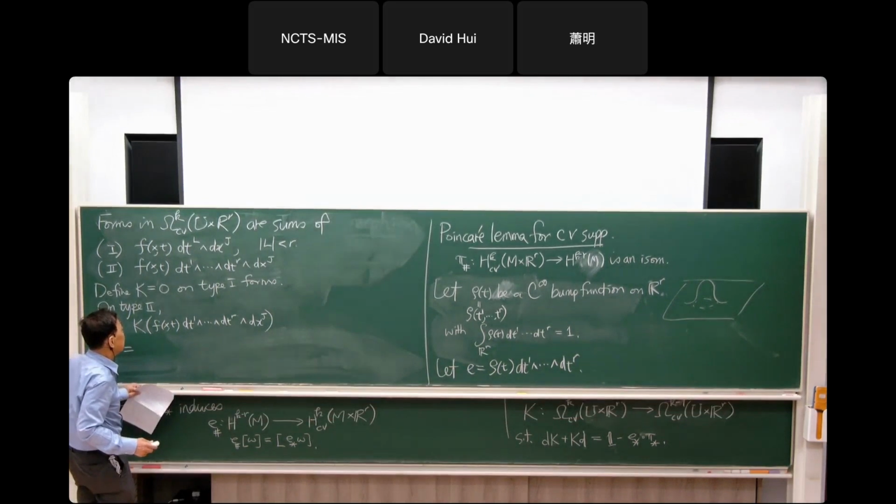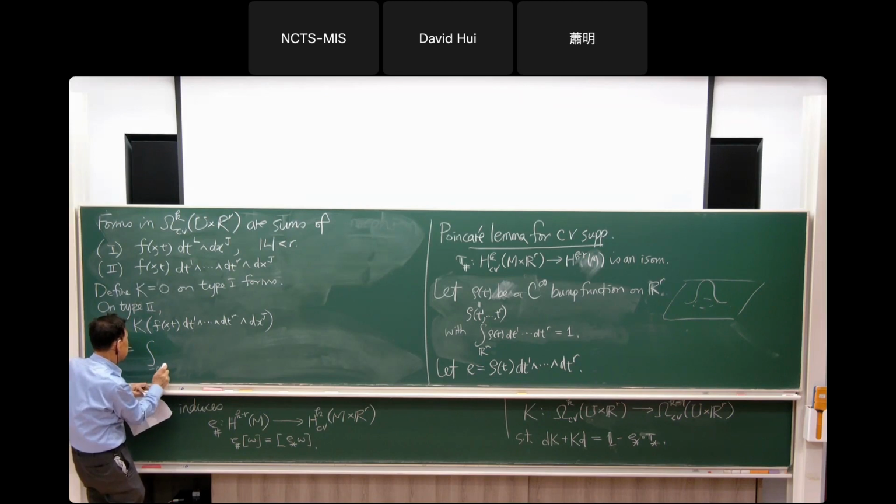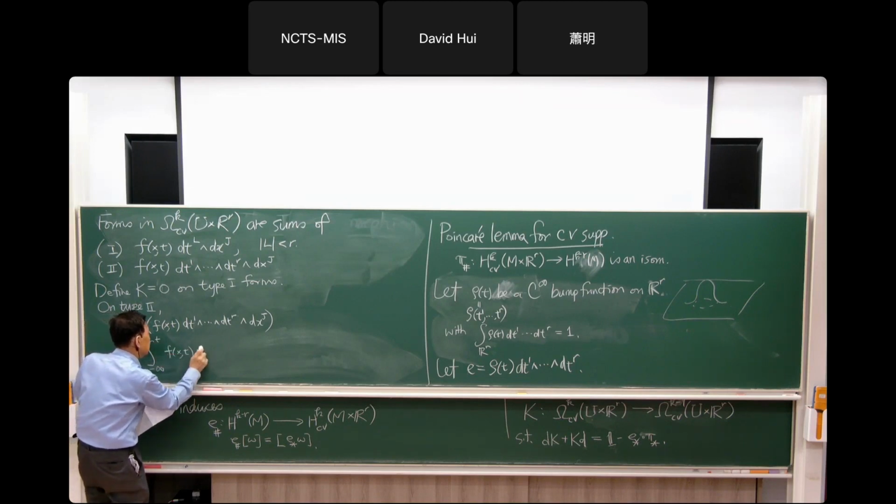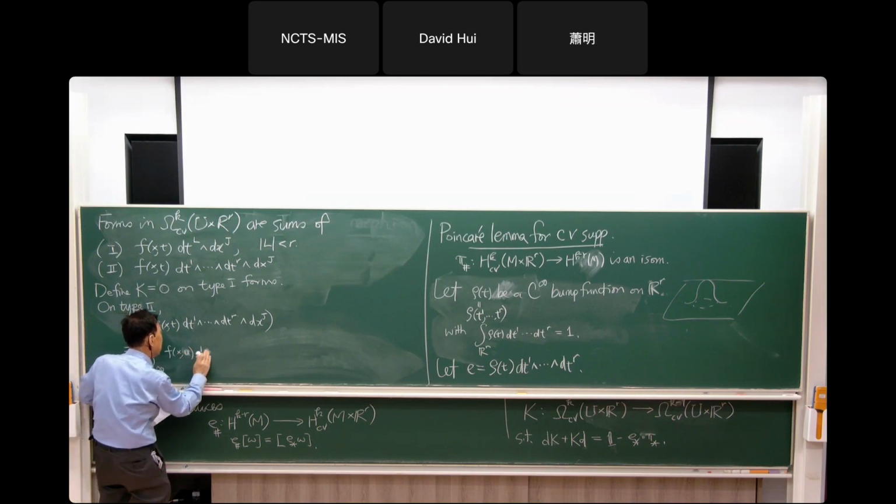Okay. Now, when we had just one dt, we integrated from minus infinity to t, f of x,t dt. We call this u.